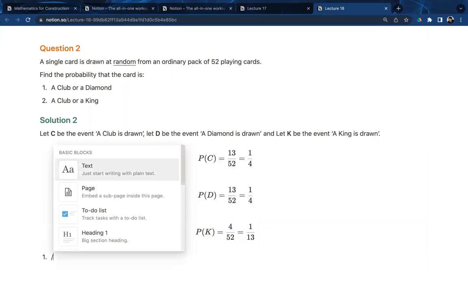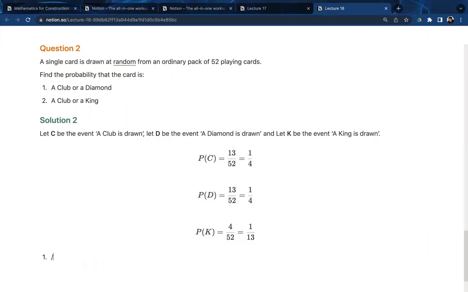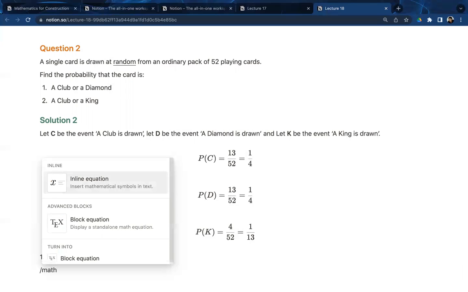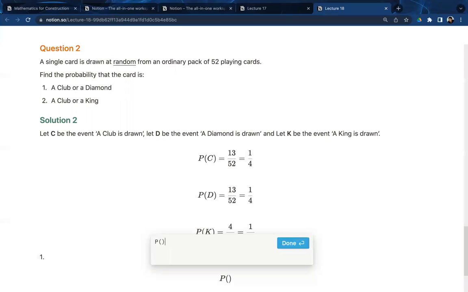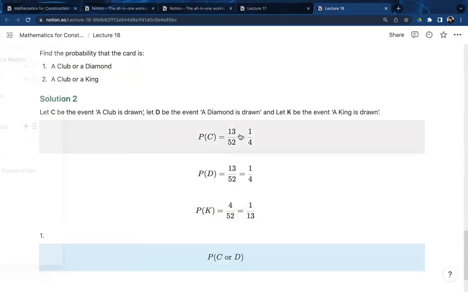So they want the probability of C, club or diamond. That's really what they want in the first part, a club or a diamond.